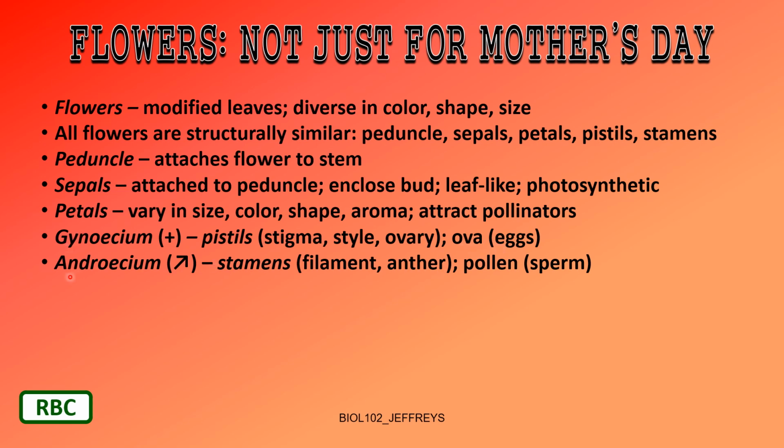And then you have the androecium, which is the male structure. And by the way, these are on the same flowers. The male structures we call stamens. Stamens consist of a filament and anthers, and they produce pollen, which, as I've said, are just little packets of sperm.